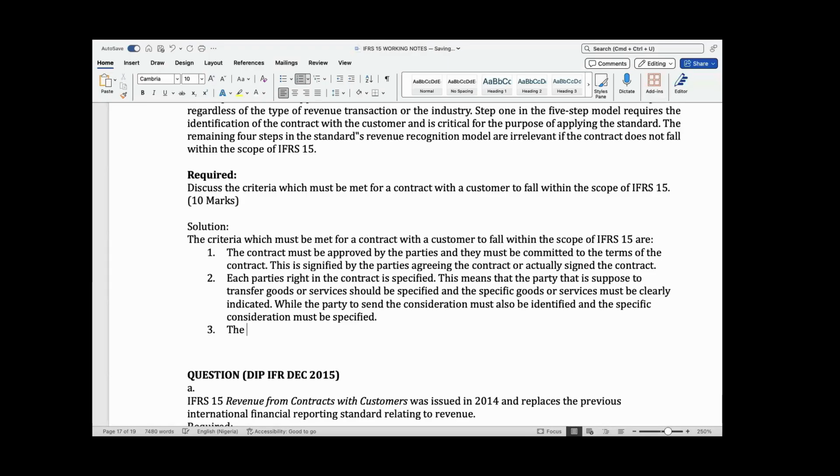Number 3, the payment terms must be specified.